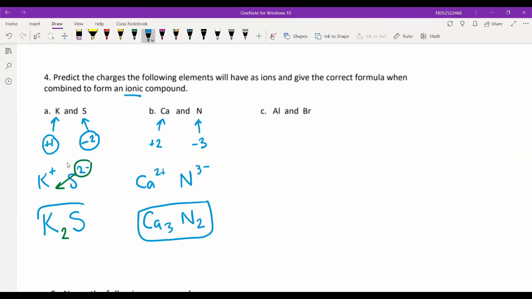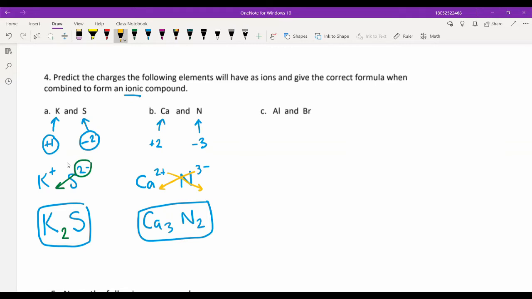Right, so these would be the correct formulas that you should write for these ionic compounds. Again, we're just moving these numbers into subscripts. And that would make sure that the total positives equal the total negatives in this compound.